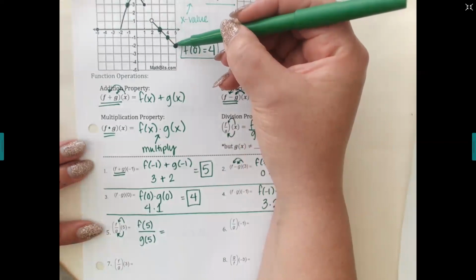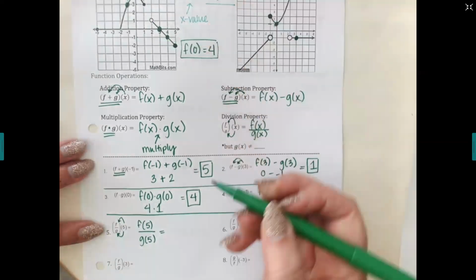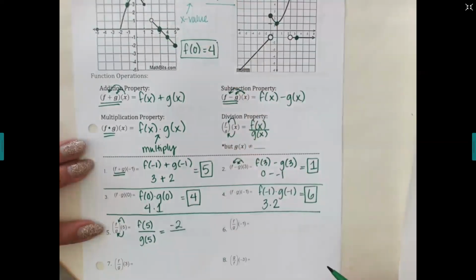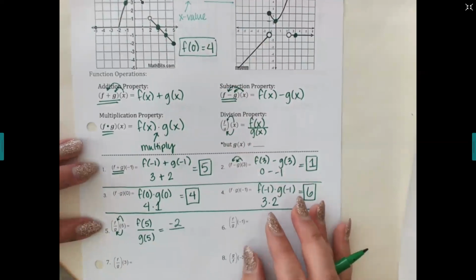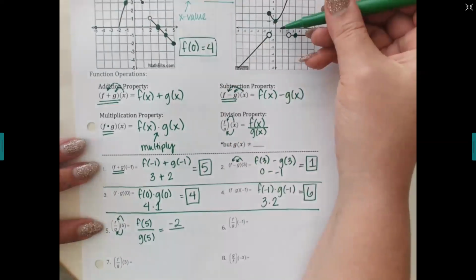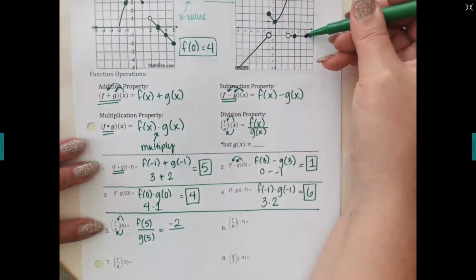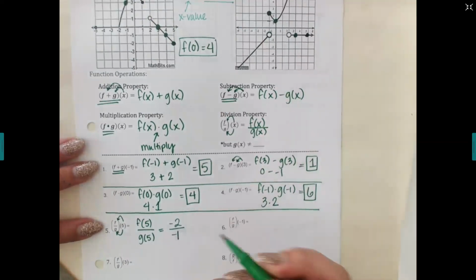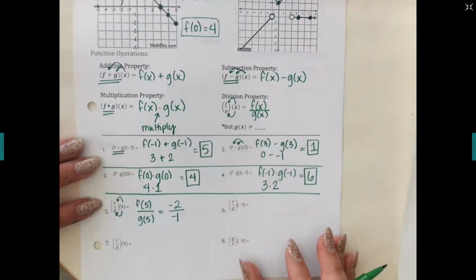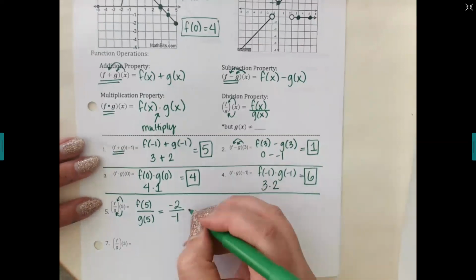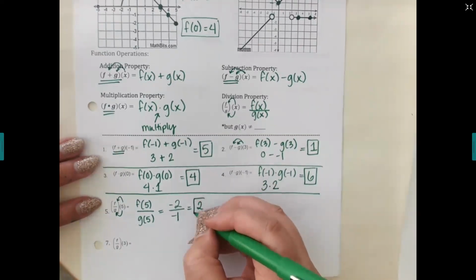That is a closed circle at a height of -2. Versus g of 5, if I come over to this graph, 5 is here. My y value is down 1, which would be -1. And then if I divide -2 by -1, we get +2.